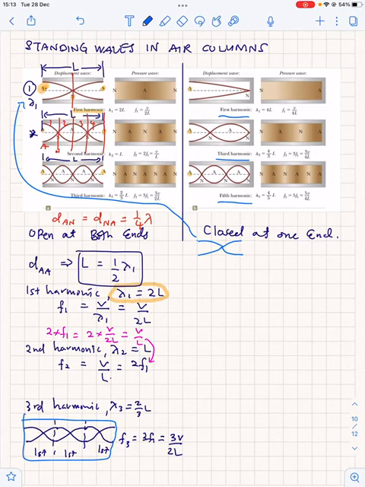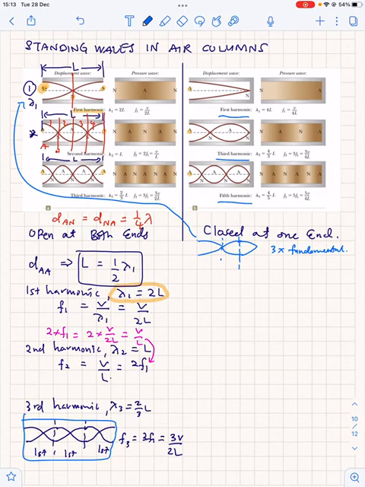So we have to add another one, meaning that here we have 3 times the fundamental. 3 times the fundamental equals the third harmonic, which is the second consecutive harmonic after the first harmonic.